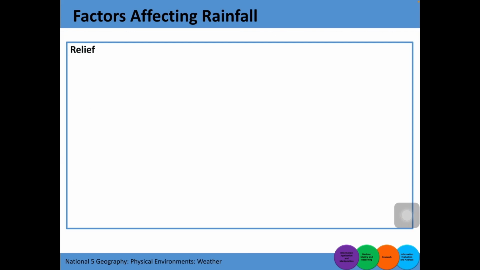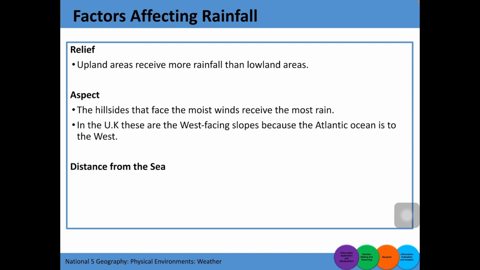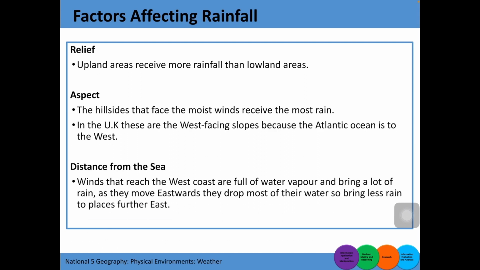If you're looking for a sample answer for factors affecting rainfall, this might be one that we can look at. So relief is when upland areas receive more rainfall than the lowland areas. Aspect: the hillsides that face the moist winds receive the most rain. In the UK, these are the west-facing slopes because the Atlantic Ocean is to the west.